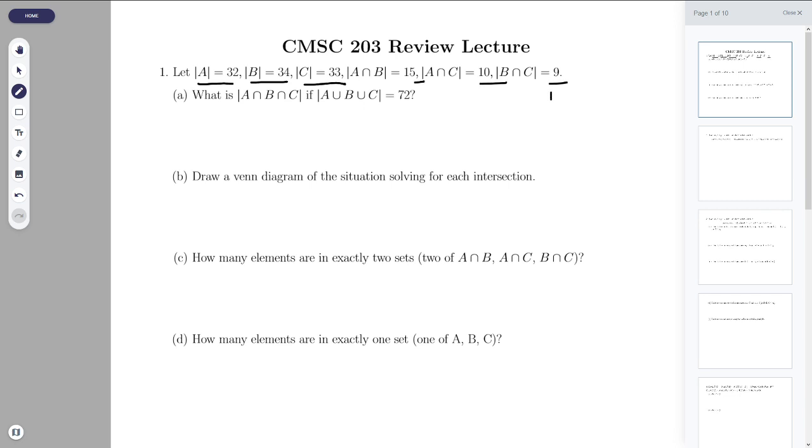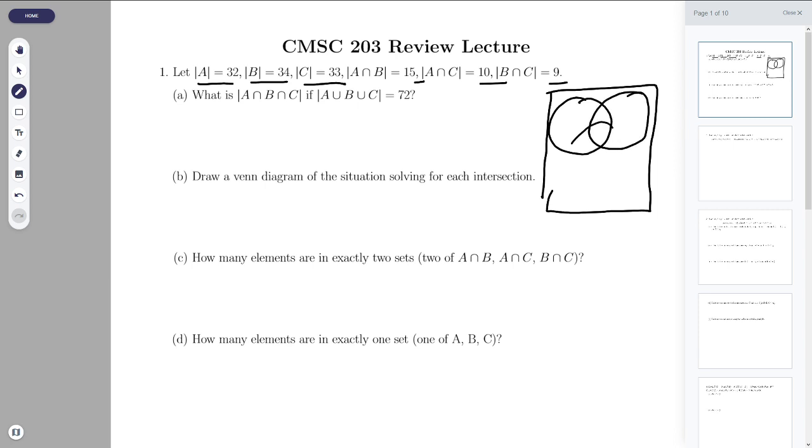And so what we want to do here is create a little Venn diagram. And what we want to do is calculate the number of things that are in A intersection B intersection C, given that A union B union C is 72.